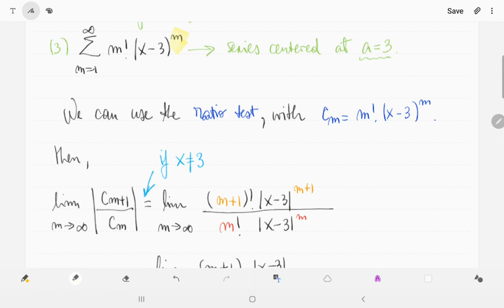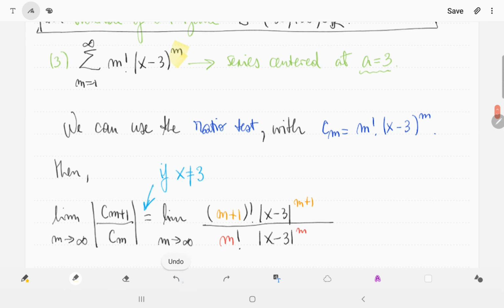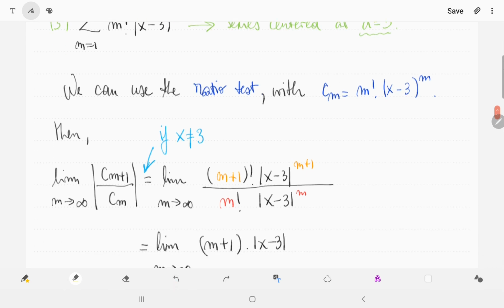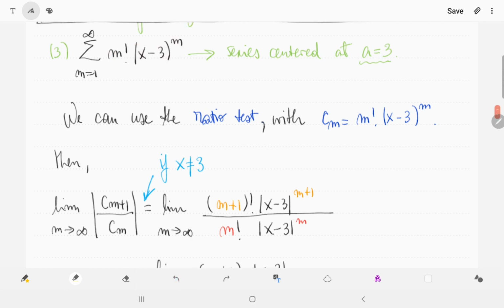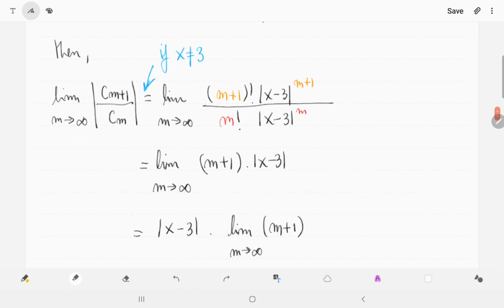We have the power, we have the series, we have numbers here, we have the center. So here the center is a equal to 3. For instance, we can use the ratio test again. Remember that we call the whole expression C_m. C_m doesn't matter, it could be B_m, any letter, but we have to take the whole expression, the whole term.